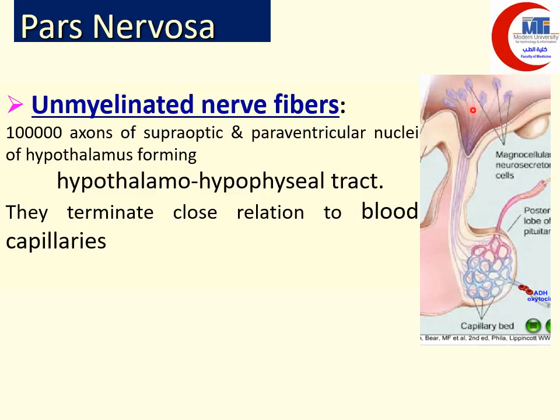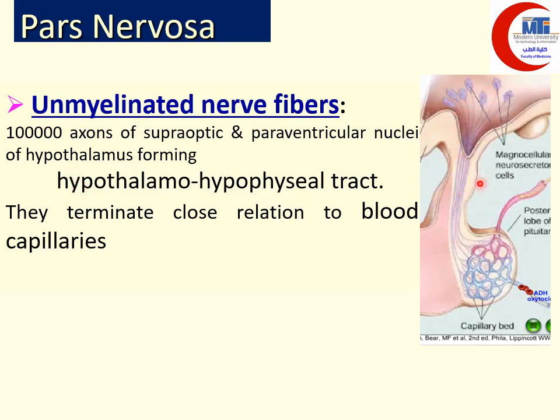Any group of cells in the central nervous system is called nuclei. So we have two groups of cells in the hypothalamus called the supraoptic and paraventricular nuclei of the hypothalamus.